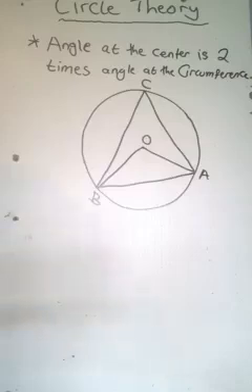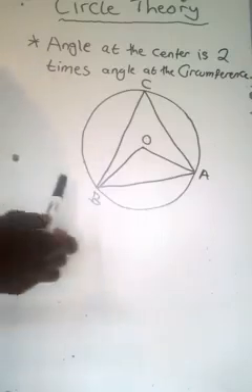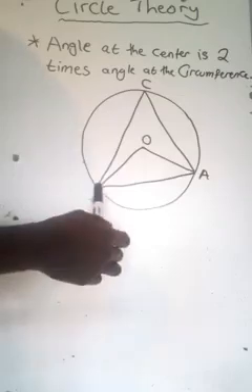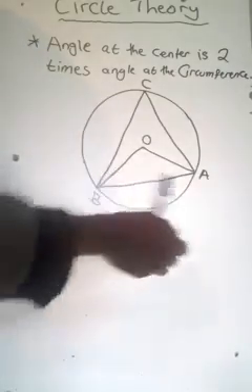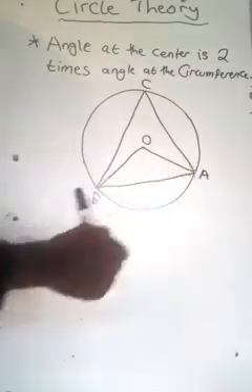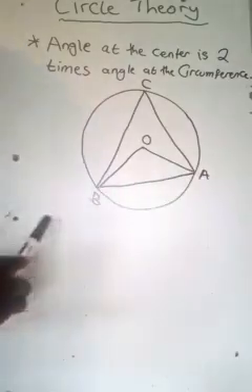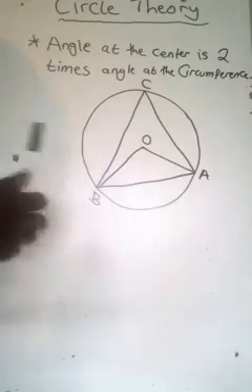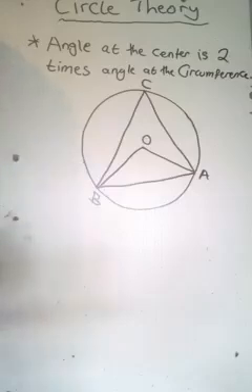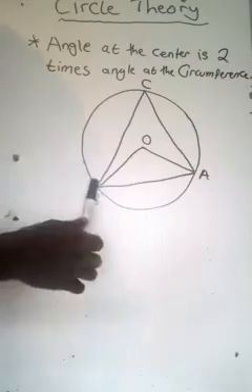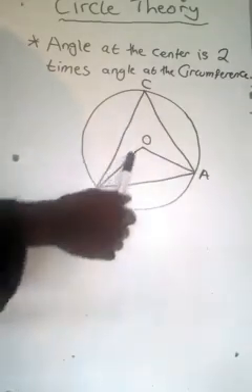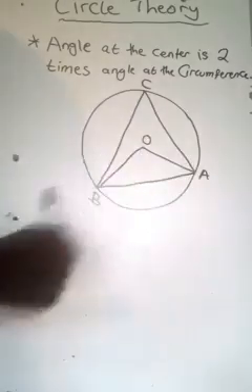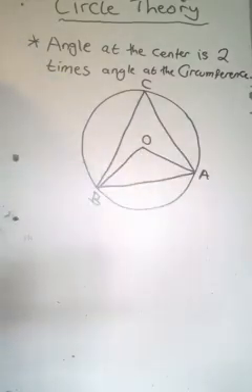One thing you have to do is identify a few things. In our case, I'm interested in you identifying our chord BA, or we can call it AB. So we have AB as our chord, and if you look at it, you realize that two triangles are produced from this chord AB. So we have triangle AOB and triangle ACB.